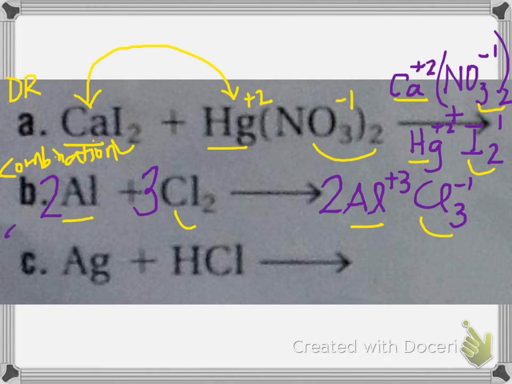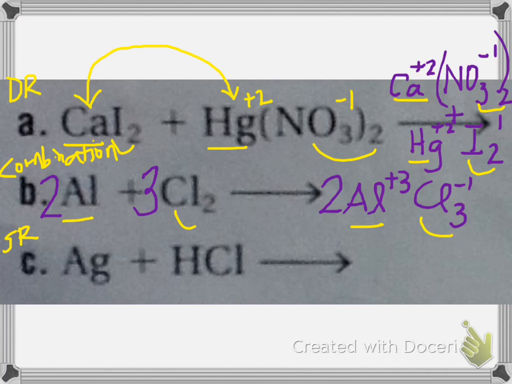Letter C, we said, was a single replacement reaction. We knew it was a single replacement because we had an element reacting with a compound. Because it's single replacement, that means that we have to check our activity series of metals. And for this reaction to take place, silver has to be higher on the activity series than hydrogen.